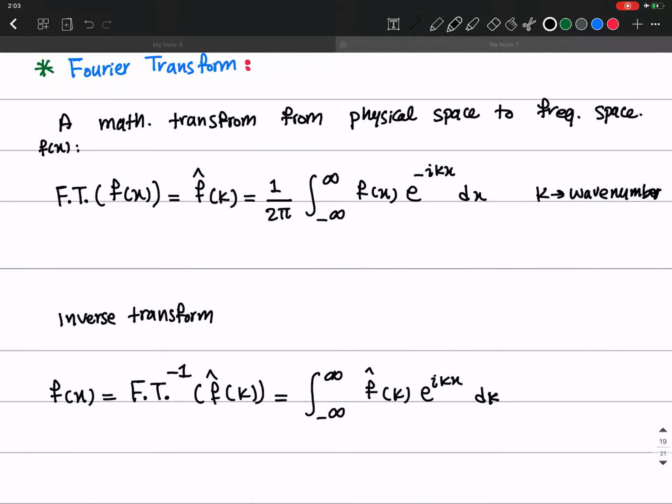Okay. So if you do that, then you can reconstruct your original function.